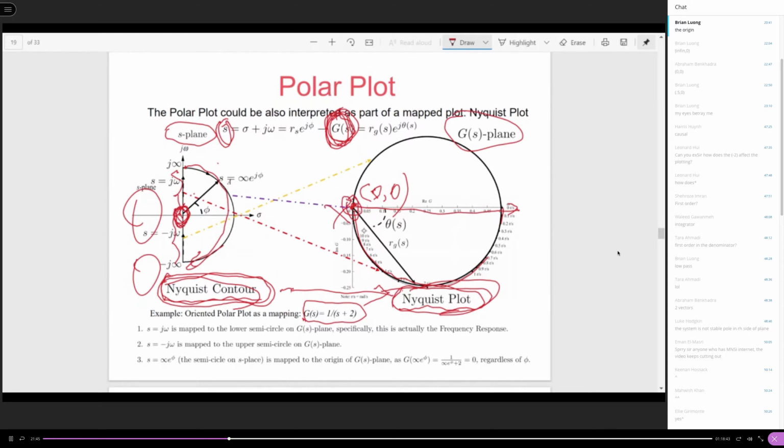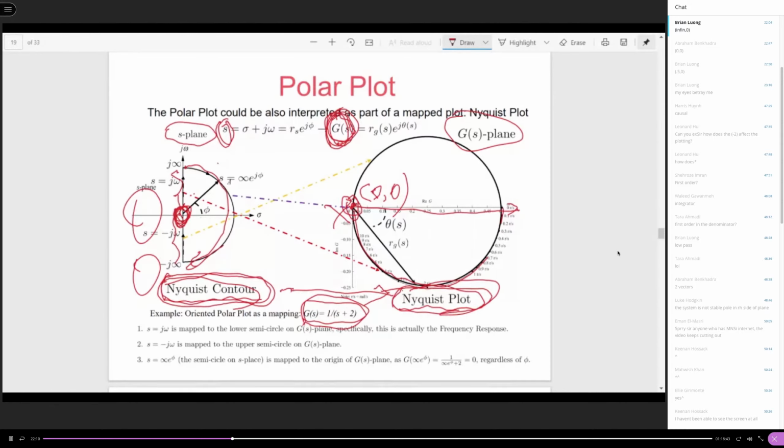Not necessarily this point, right? But can you tell me right away? This is very straightforward. Which point is going to correspond to this origin on the S plane under this mapping? Someone? Quickly, I don't allow you too much time.